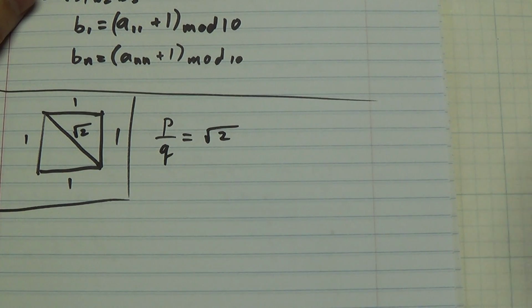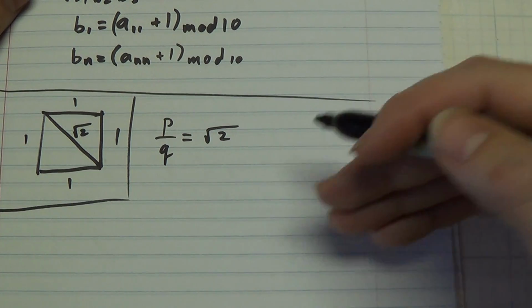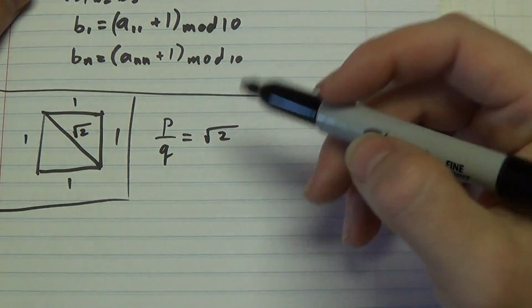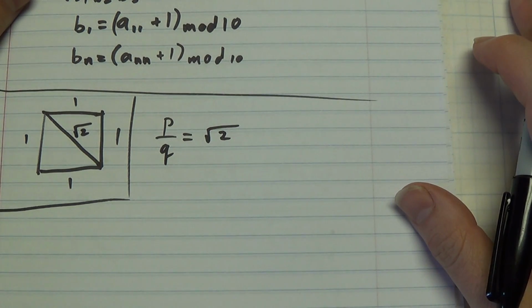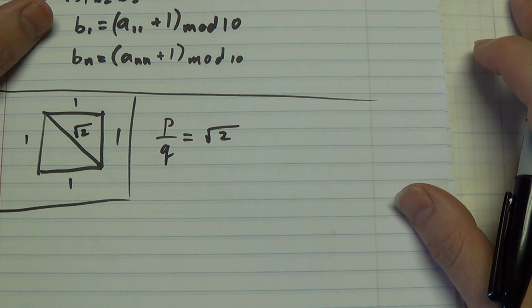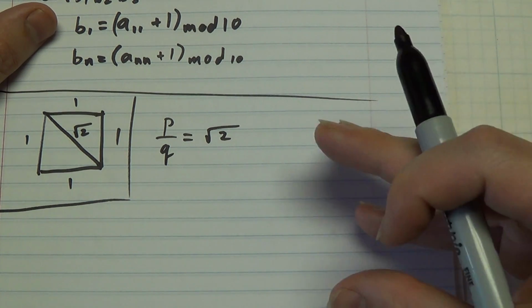Now, if we have a fraction of integers, we can, in principle, cancel any common factors. Right? If these are both even, we can cancel a 2 out of both and get another p and q. If they have a 3 in common, cancel the 3's and get another p and q. So let's cancel all the common factors. Done.